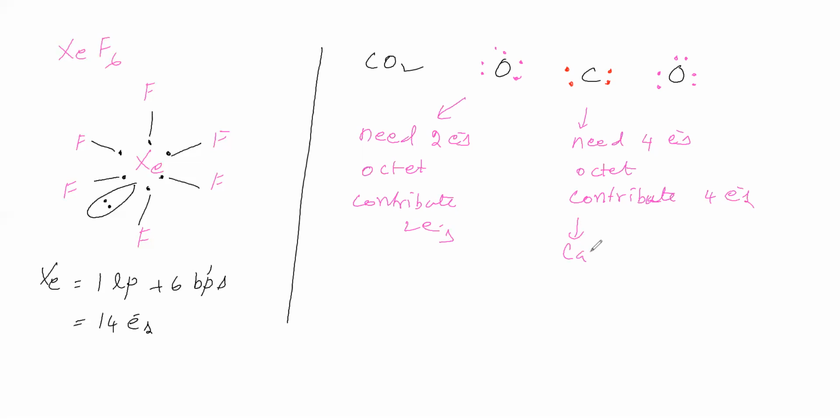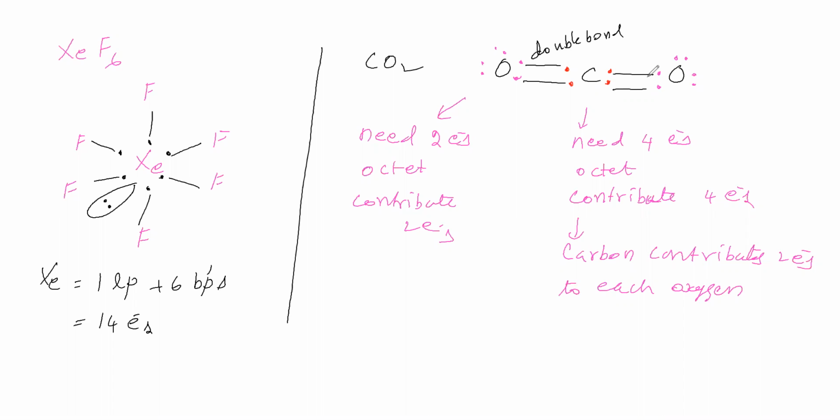Carbon contributes 2 electrons to each oxygen. Here carbon contributes 2 electrons to this oxygen, and oxygen also contributes 2 electrons. Therefore, a double bond is possible. Here also a double bond is possible. So we got an idea of how the bonding is in carbon dioxide.